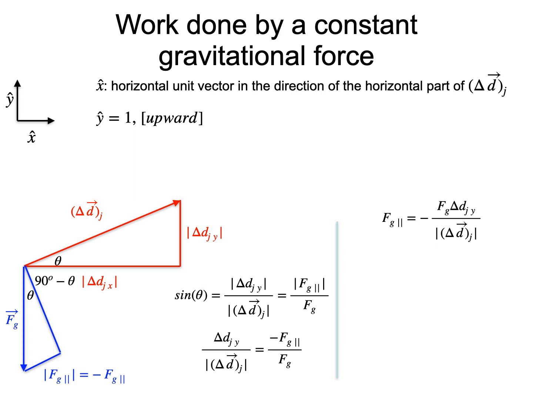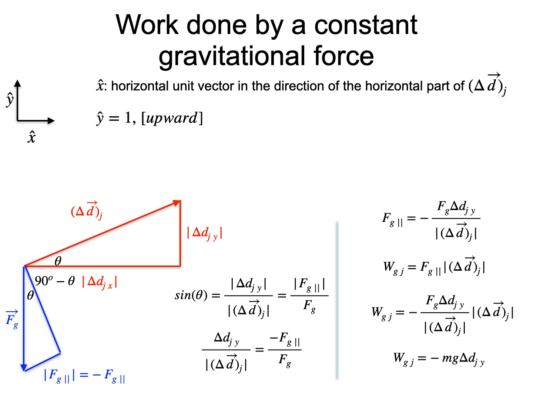Remembering that the work is evaluated this way, we can replace Fg parallel with what we found above. Simplifying the magnitude of the displacement out of the equation and replacing the magnitude of the gravitational force with mg leads to this final expression.